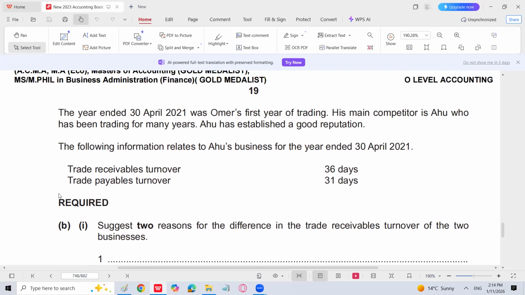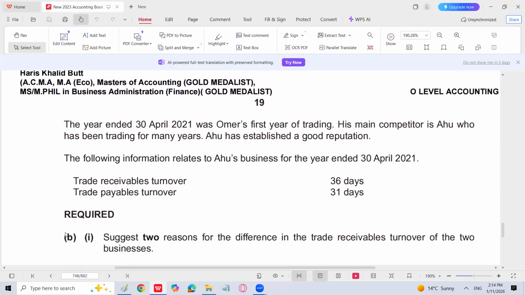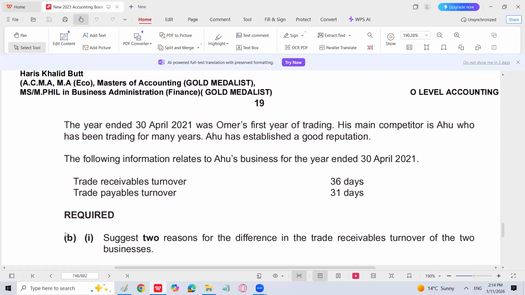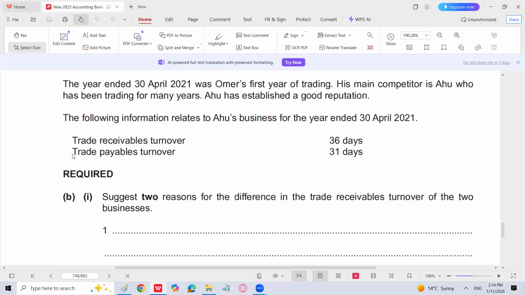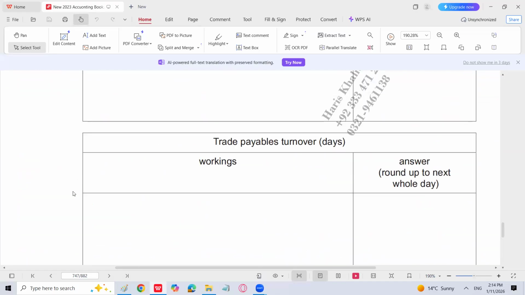And the credit sales are on the lower side. Why? Because he was not having much competition at that time, so he was selling more on cash, might be. So it doesn't make any difference to him, even if the trade receivable turnover ratio is higher, because he is selling more on cash. This is how we arrive at the difference of the two trade receivables.